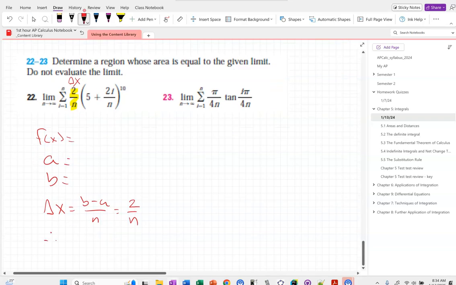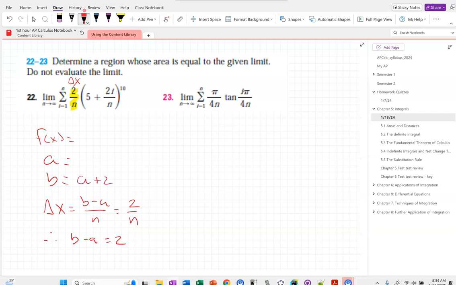So what that can tell me then is that b minus a is equal to 2, or in all reality, b is a plus 2. So far, so good. So if I figure out what a is, then I know exactly how to find b.